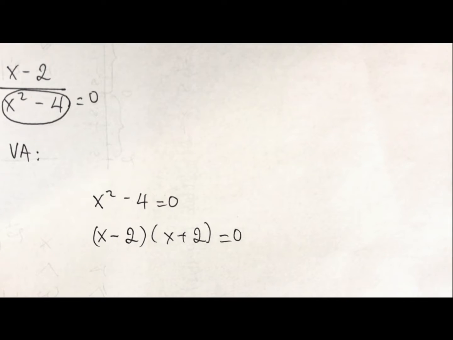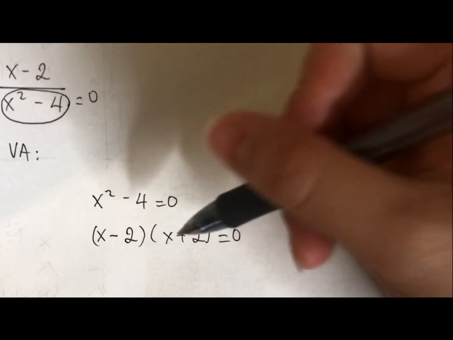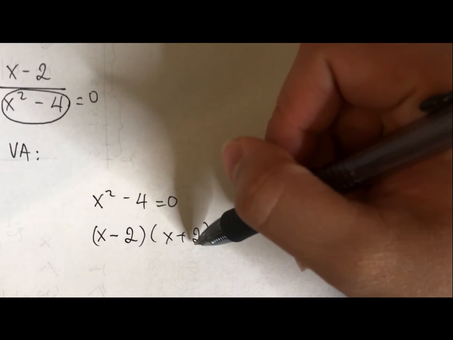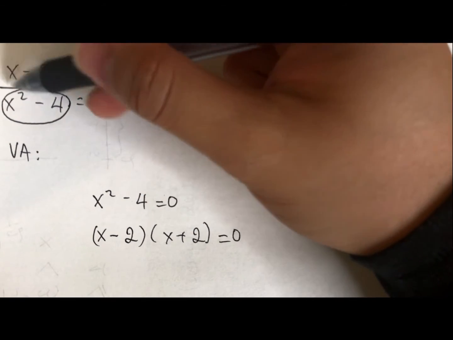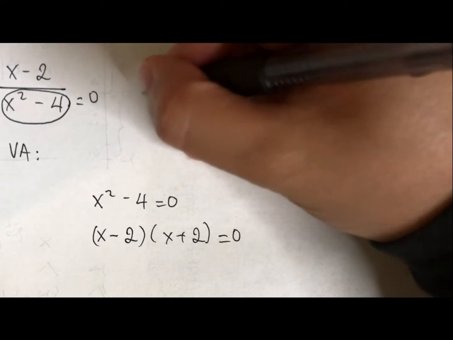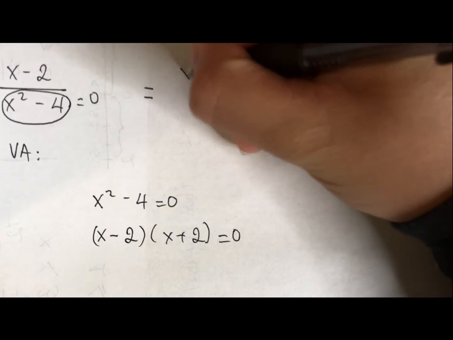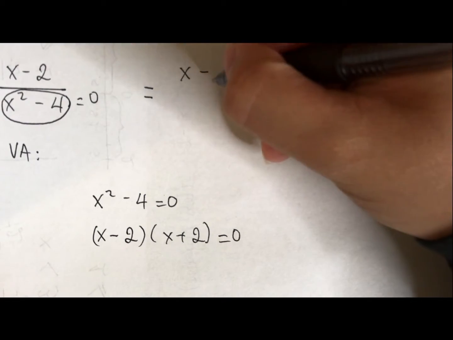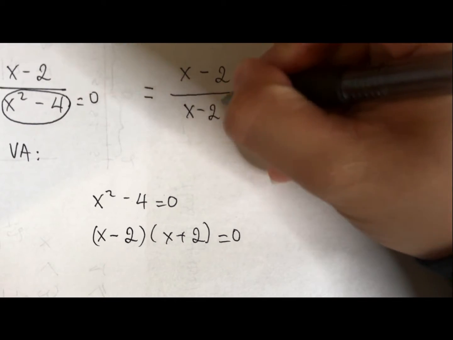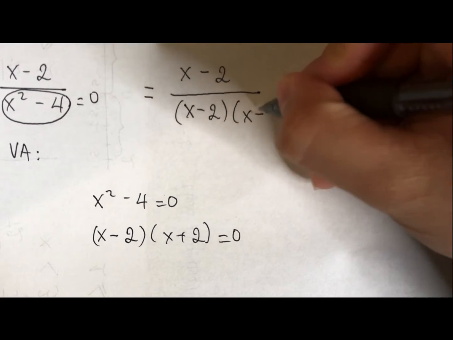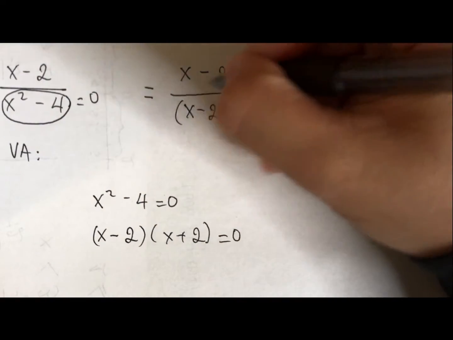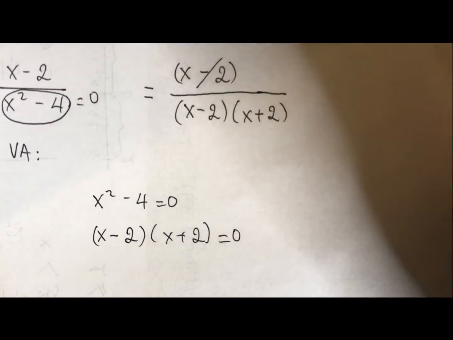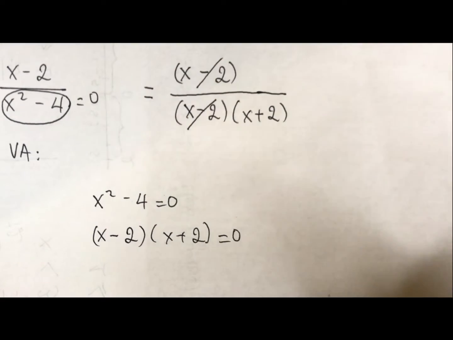One thing to notice in this problem is that after you factor the denominator, you can see that the numerator actually has the same factor as the denominator. So I can rewrite this function like this. In this case, I can actually cancel out the numerator and one factor of the denominator.